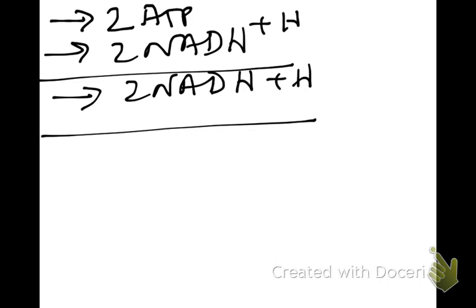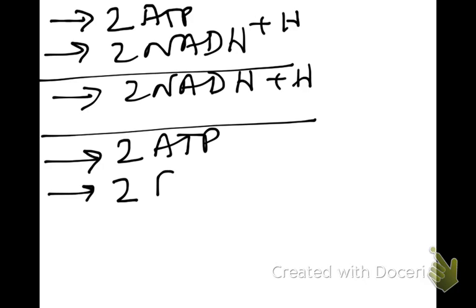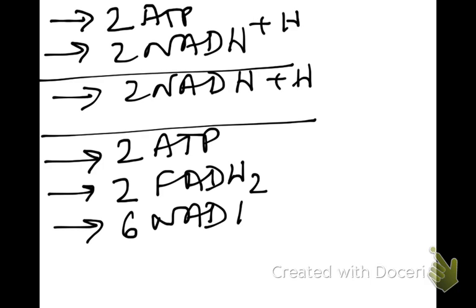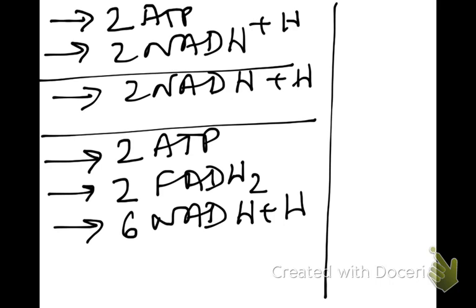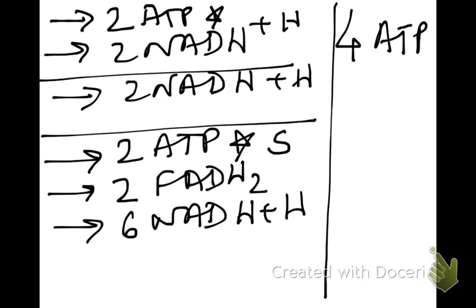In the Krebs cycle, I had 2 ATP, 2 FADH2 and 6 NADH plus H plus. What does this translate to? 4 ATP, and these ATPs that are being formed are due to substrate level phosphorylation. Please be mindful of that.